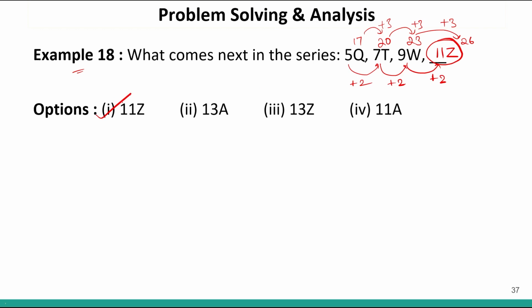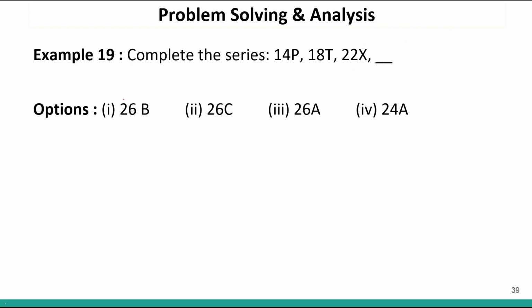Clear? Now, 14, 18, 22. I can see this is plus 4. 18 to 22 is again plus 4. Correct? So the next term will also be plus 4. So 22 plus 4 will give me 26. Now let us look at these terms. P is 16, T is 20. X is how much? X is 24.